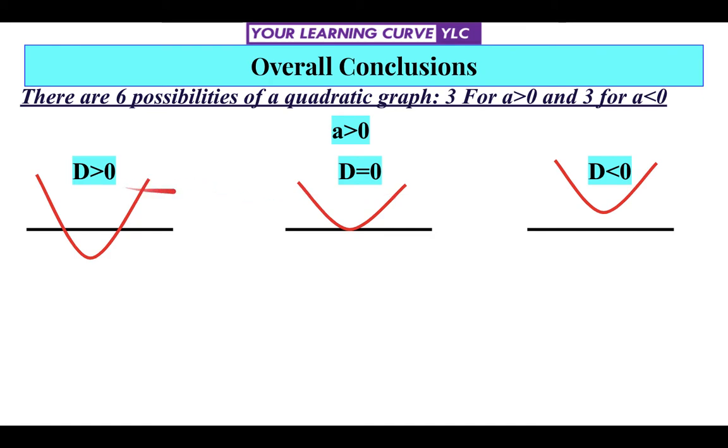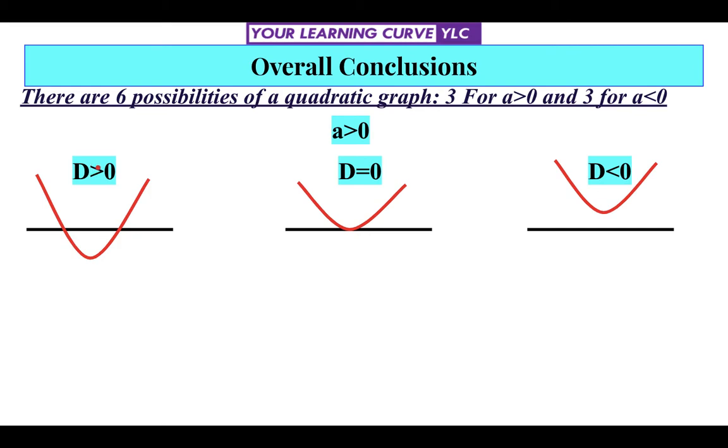Means if you observe this, a is positive in all 3 cases, the parabola is opening upwards, but if D is positive, the graph is a little below, and it cuts the x-axis at two distinct points. Now as D is reducing, the graph is shifting upwards.